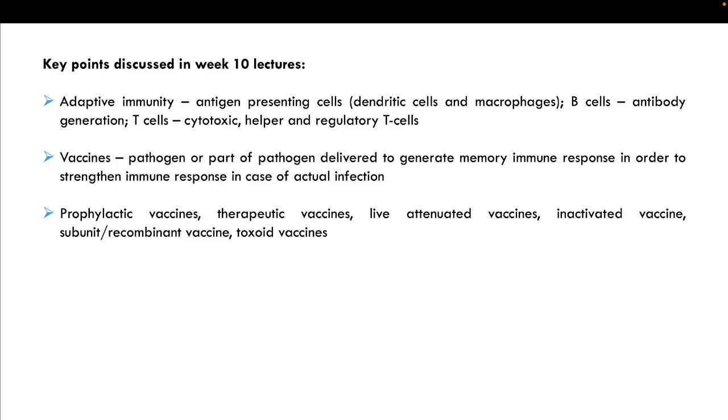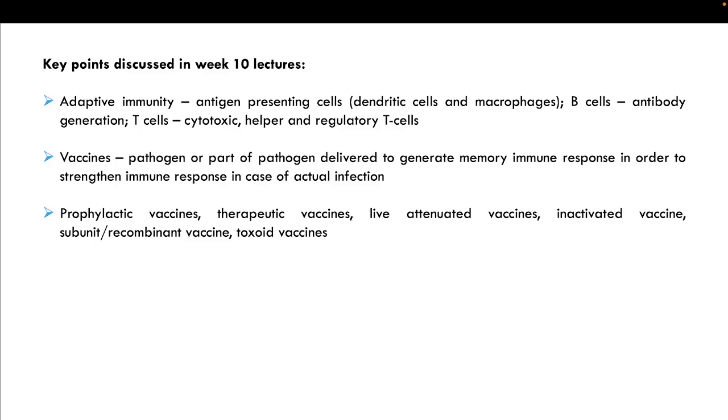So, when you put it into the body, it is going to proliferate. It is a live pathogen, but it will not be able to cause a very severe disease. So it's live attenuated. You have reduced its efficacy to cause a disease. So earlier this was the common form of vaccine given.